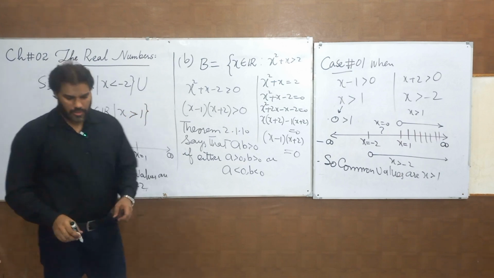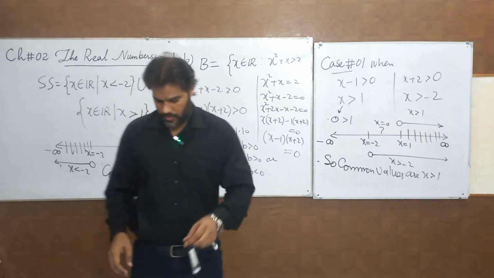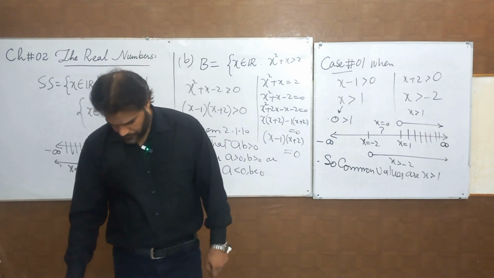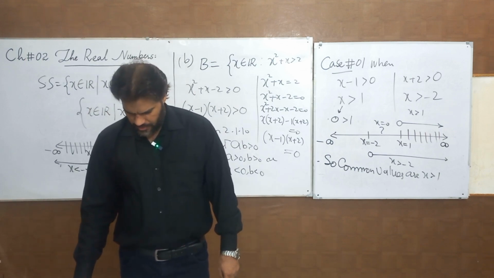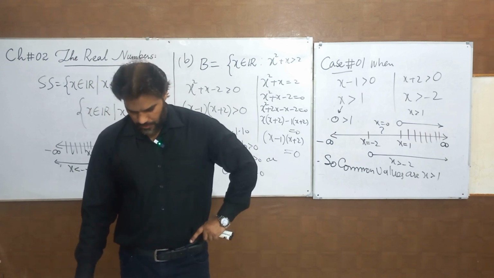So these are the common values, or the values of solution set B. Similarly, this example has a C part.